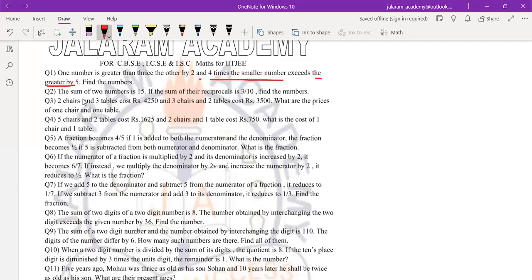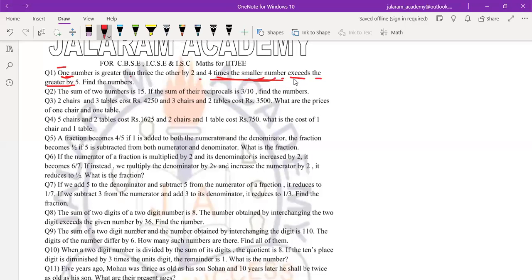Before this, we assumed that the first number is x and the second number is y. It is also clear that the first number is greater than thrice the other, so it must be greater than the second number. Clearly x is greater and y is smaller. So 4 times the smaller means 4y.